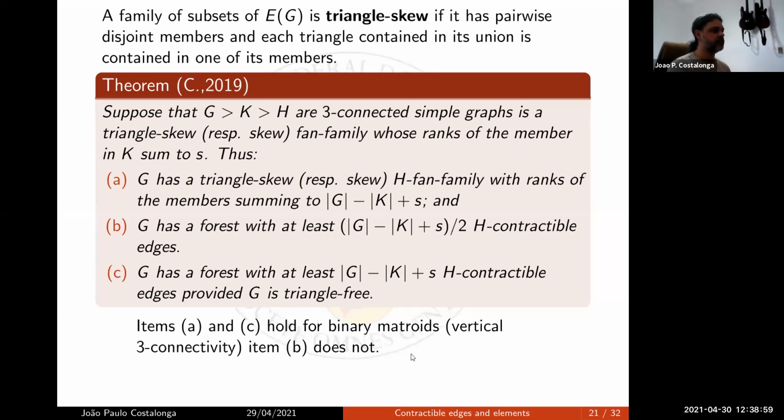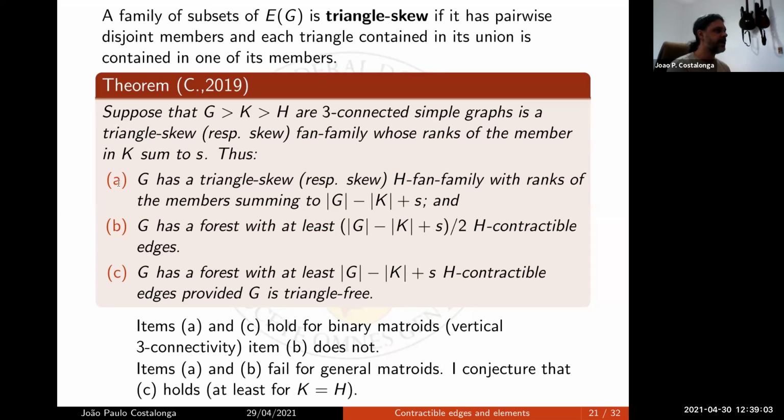And for general matroids, A and B fail. I conjecture that C holds for general matroids, at least for the simplest case when K equals H. And if you're familiar with matroid theory, now you may have a nap because there will be no news for you.